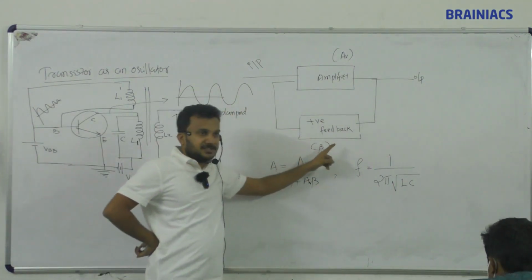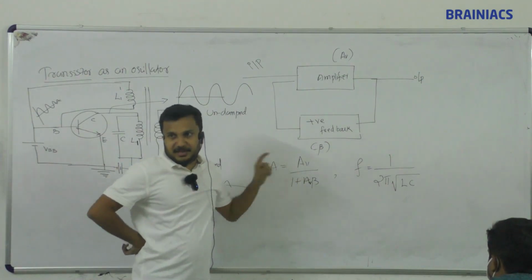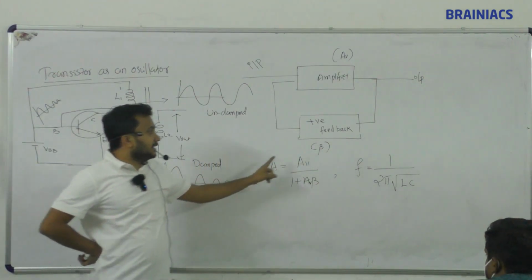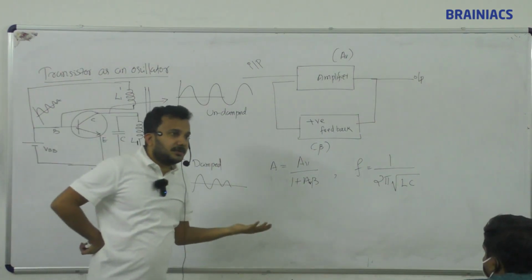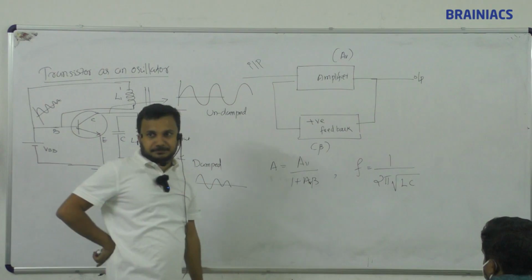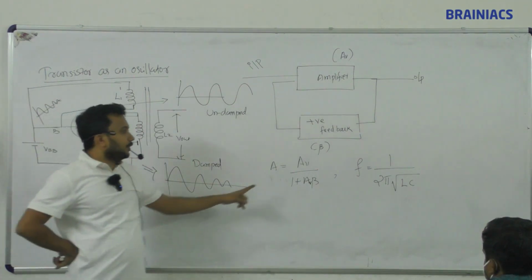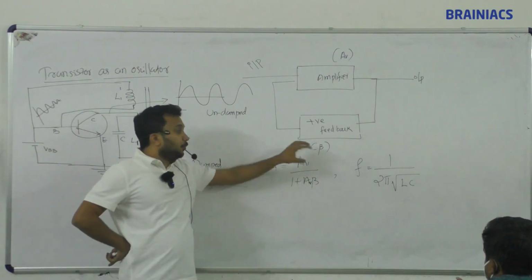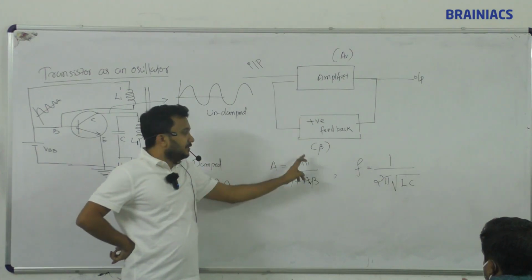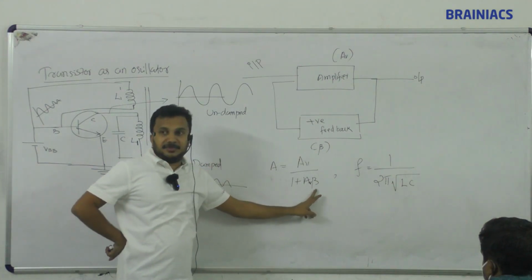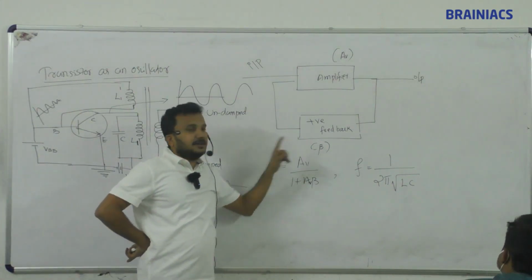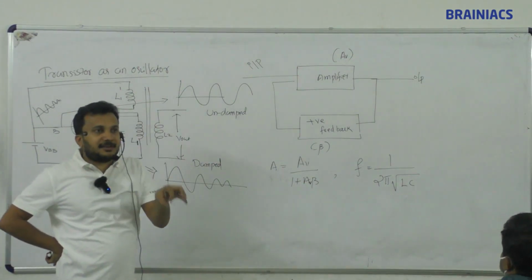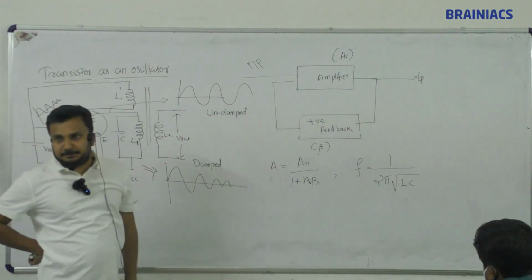A, capital A, is called gain, AV is called voltage gain. What is voltage gain? Output voltage by input voltage. So AV means the voltage gain, divided by 1 plus AV beta. Beta is the feedback factor, meaning the gain of the feedback network.